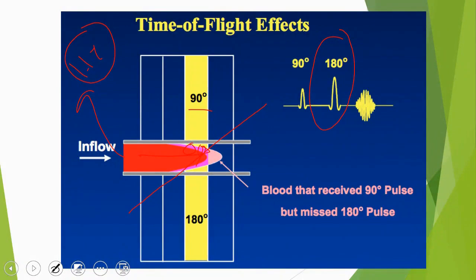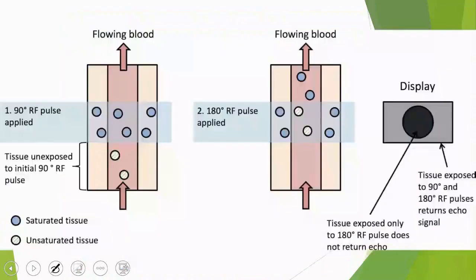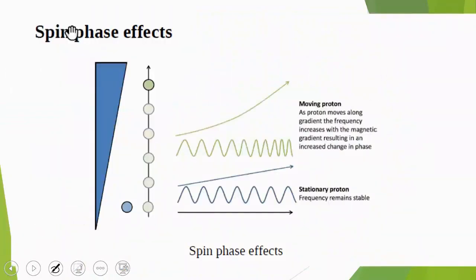The area here is not fixed, and the tissues are not at a certain point. They are constantly moving, and this change causes them to lose the signal that was created. The blood vessels, or your arteries, due to their movement, are exposed to the phase encoding gradient. This movement causes a change in your precession frequency, which leads to signal loss or a loss of magnetization, resulting in a dark signal.